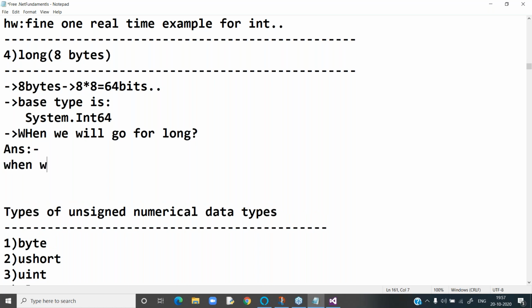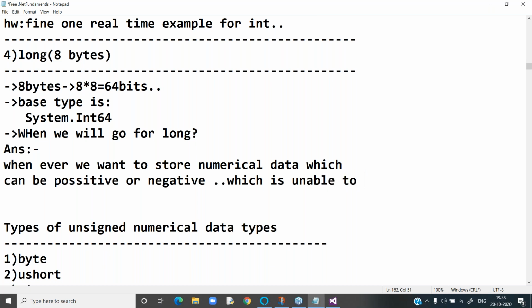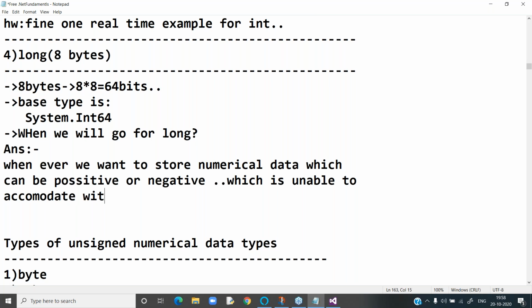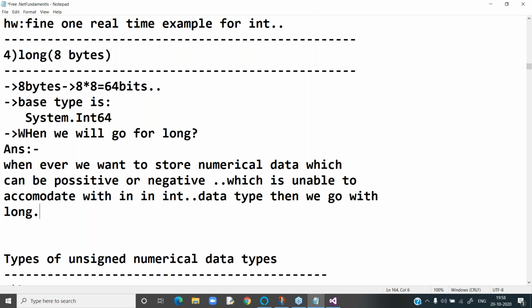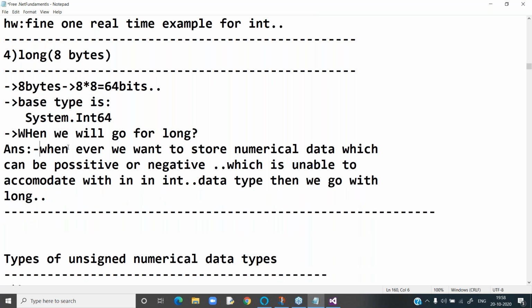Answer: whenever we want to store numerical data which can be positive or negative, which is unable to accommodate within int data type, then we go with long. So that is the story.